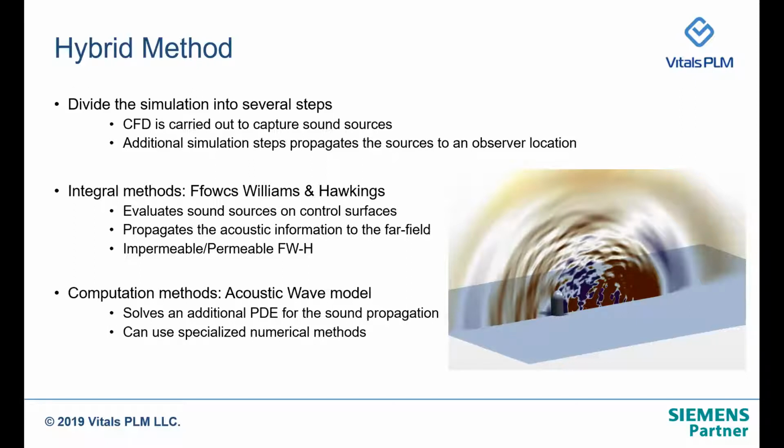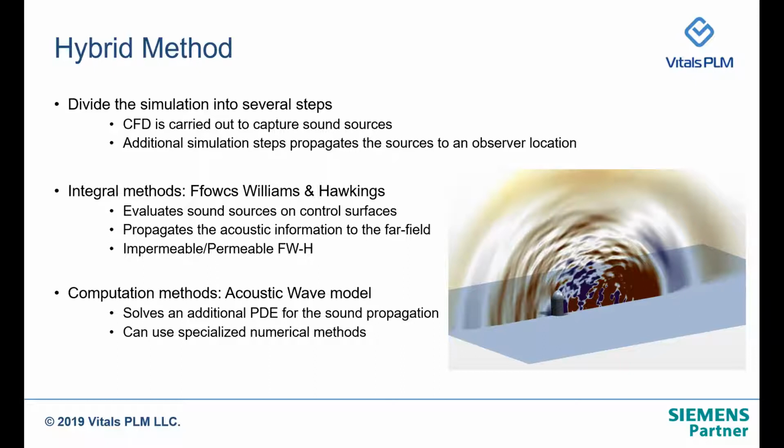In the hybrid method, the simulation is divided into multiple steps. The CFD is carried out for capturing the sound sources, and for the propagation of sound from the source to the observer location, an additional equation is solved. Within the hybrid methods, the integral methods, which are based on the Ffowcs Williams-Hawkings model, evaluate sound sources on the control surfaces, and calculate the propagation of the acoustic information to the far field using some additional analytical equations.